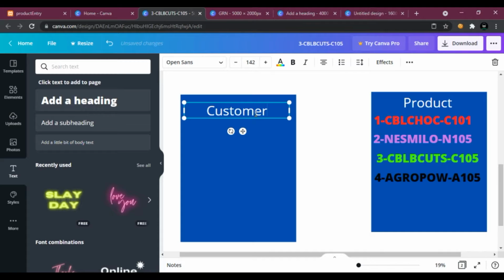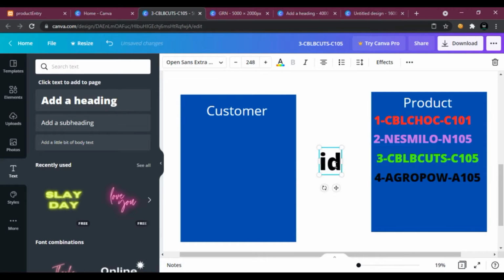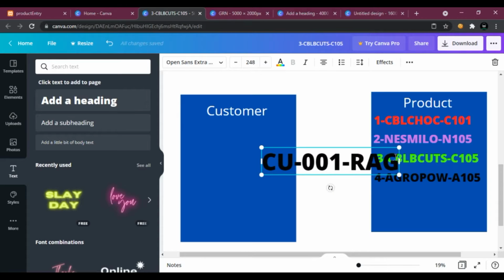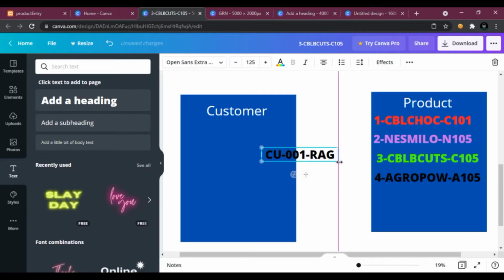To uniquely identify a customer, we basically use the customer ID. So let's say the ID CU001, his name is Rag. So he is the first customer who registered in this shop.